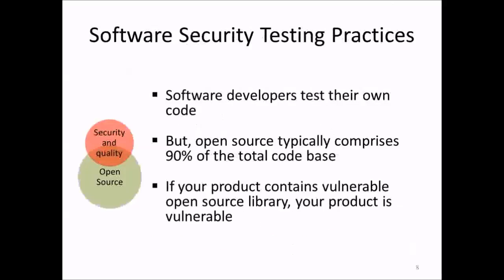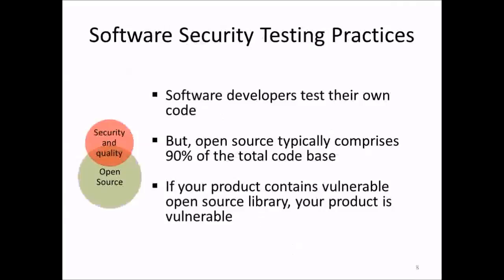The way most companies test for security issues is by looking at their own code. If you're managing a team that develops software, then your focus would naturally be on your own code. You'd direct your developers to make sure that there are no flaws in the code that they write.